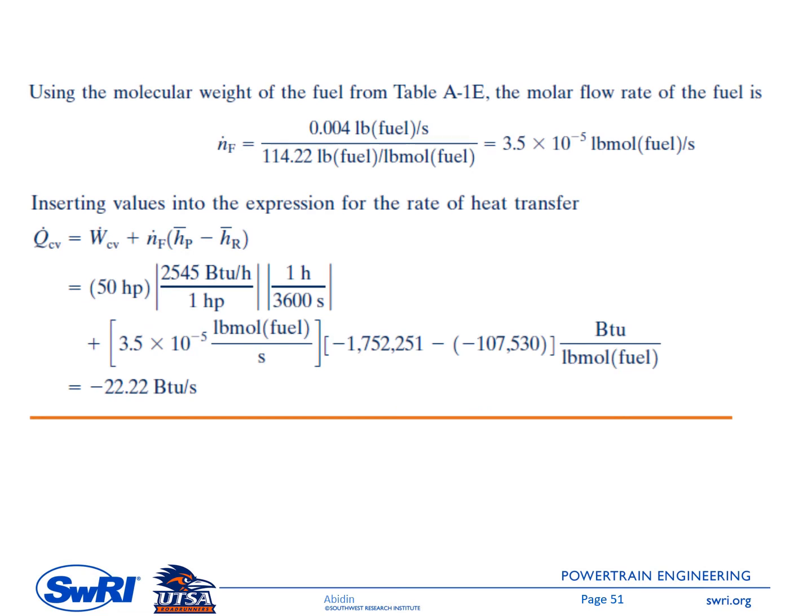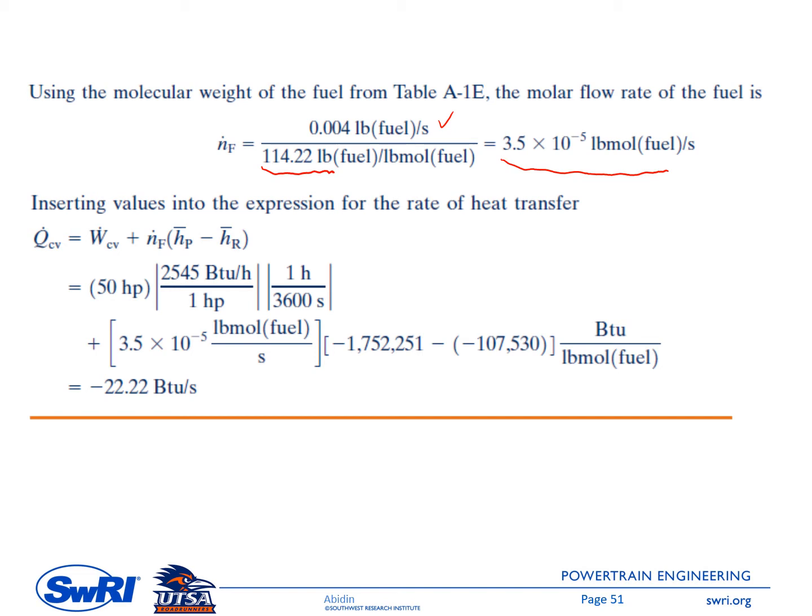And then next, we need to calculate the molar flow rate of the fuel. Okay, so the mass flow rate is given, I believe. So you need to divide it by the molecular weight of the octane, which is 114.22. So you will get the molar flow rate of the fuel of 3.5 times 10 to the power of minus 5 pound mole per second.